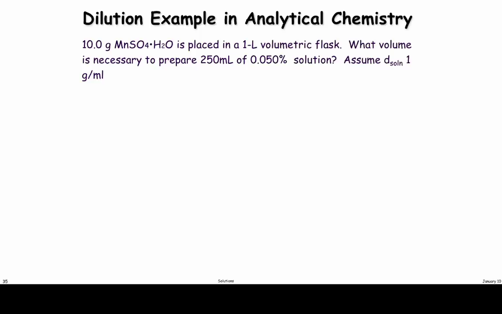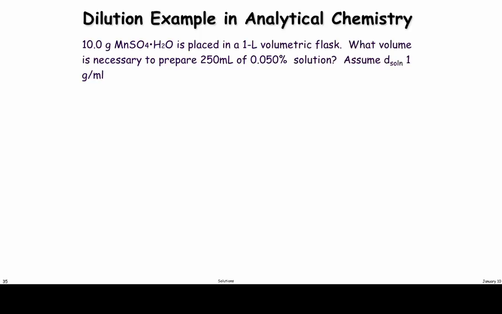This is a dilution problem. 10 grams of manganese sulfate is placed in a 1 liter volumetric flask. What volume is necessary to prepare 250 mL of 0.050% solution? Assume the density is 1 gram per mL.